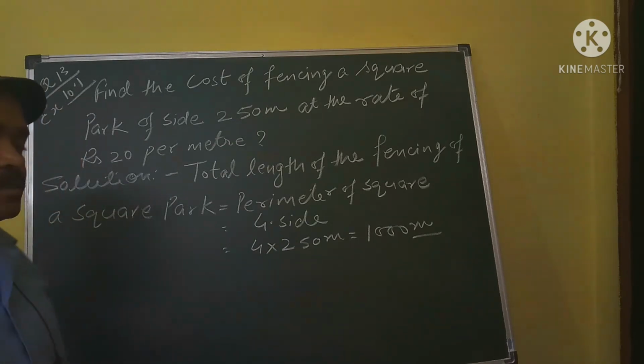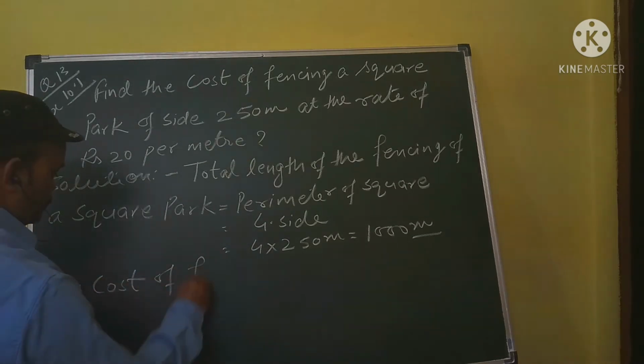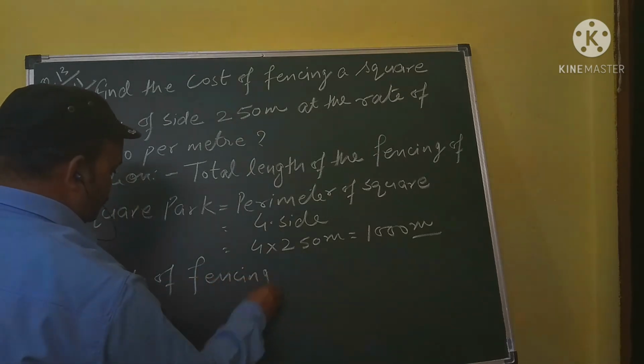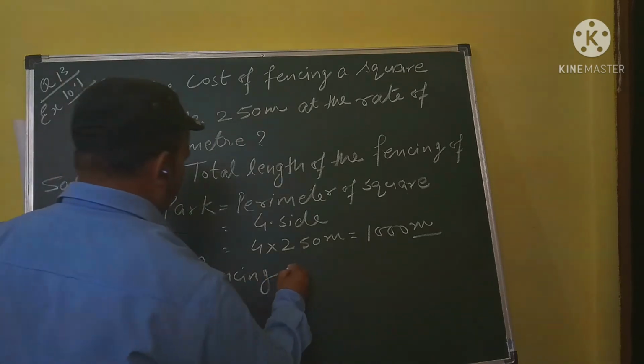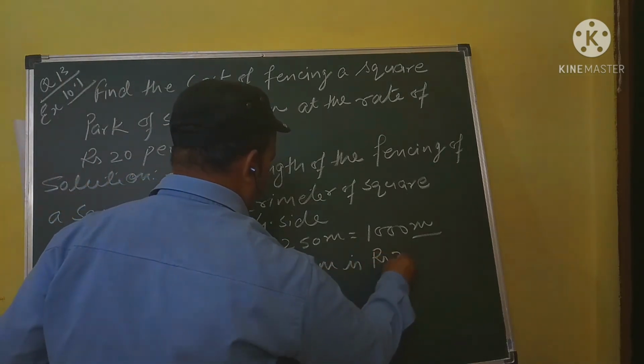Then we will discuss what the cost is. So we will apply the condition: the cost of fencing of 1 meter is rupees 20.